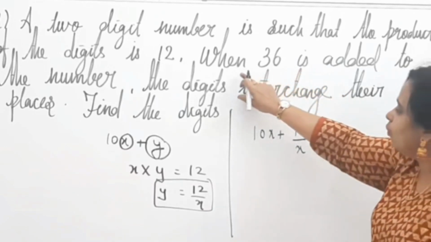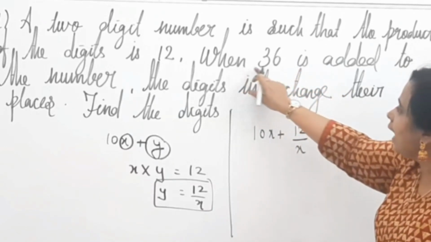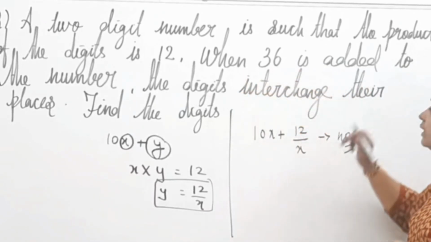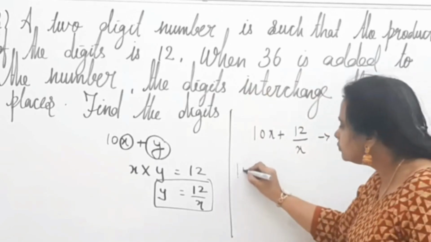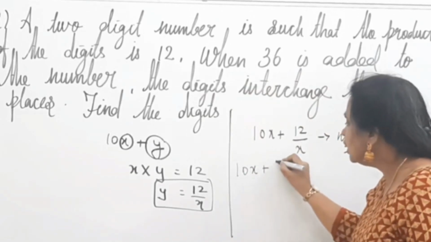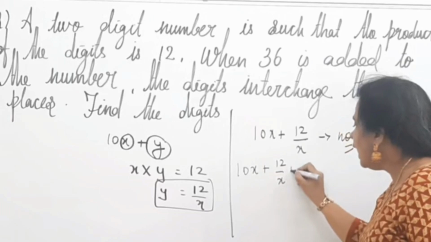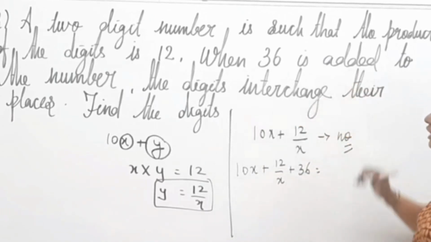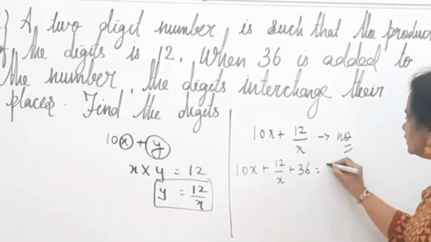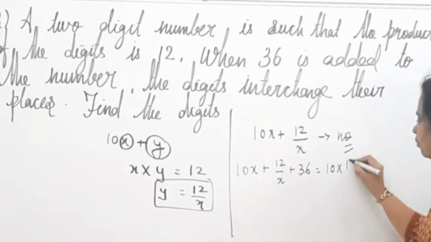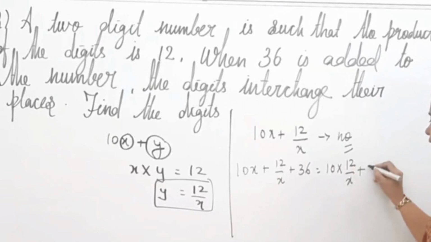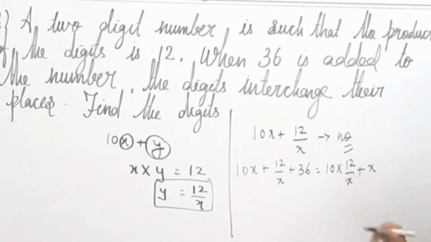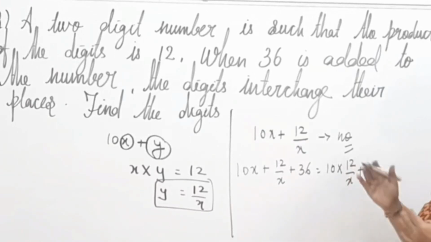But now, when I add 36 to the number, that is 10x plus 12 by x, and when I add 36, the digits interchange their places. That means 10 into 12 by x plus x. They interchange their places.